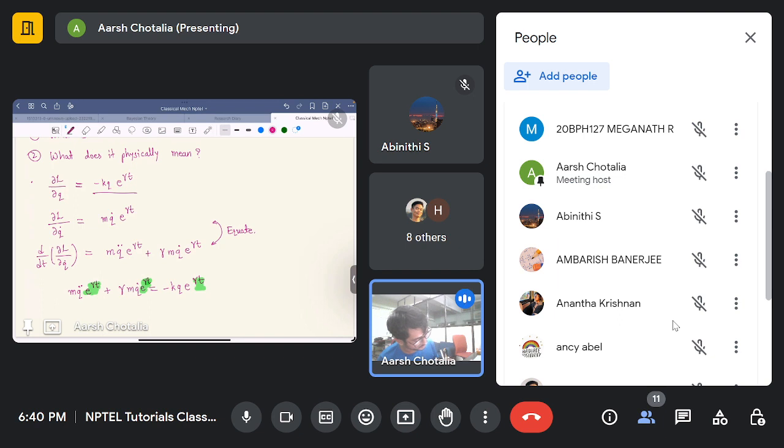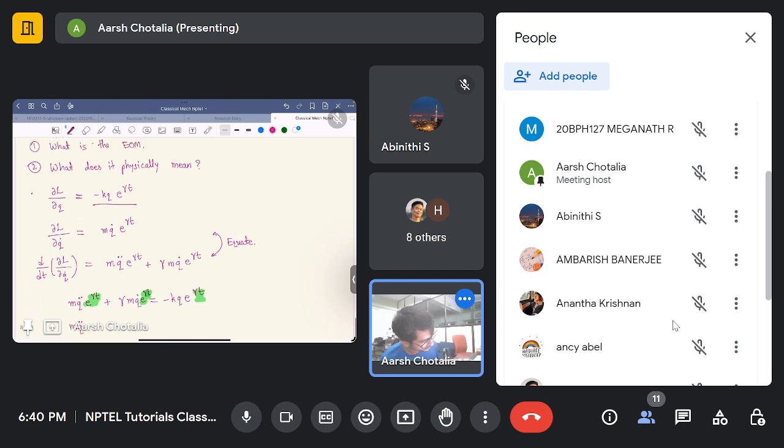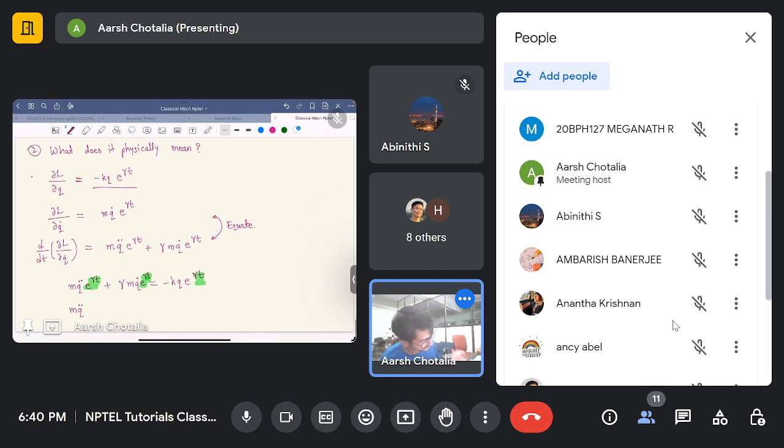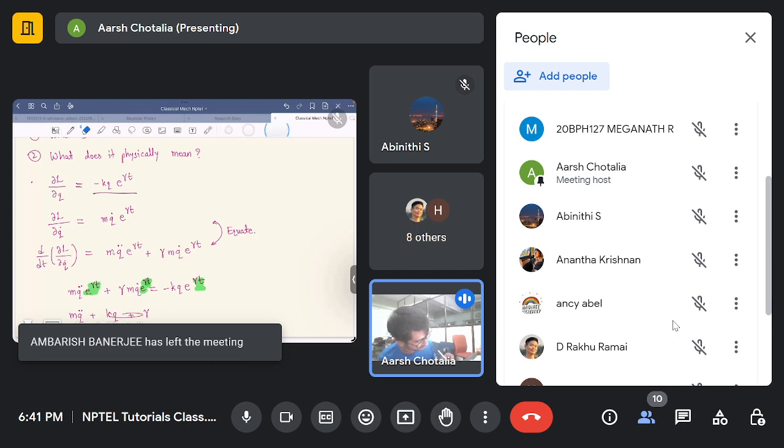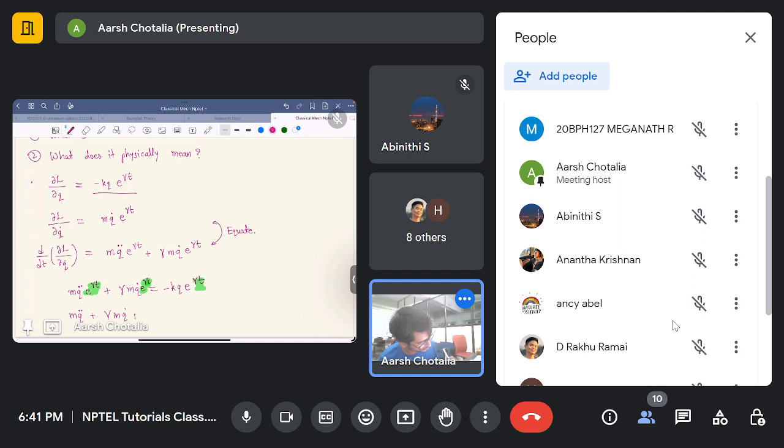The e to the power gamma t cancels out, and we are left with mq double dot plus gamma mq dot plus kq is equal to 0. Okay, so that's your answer to the first question.